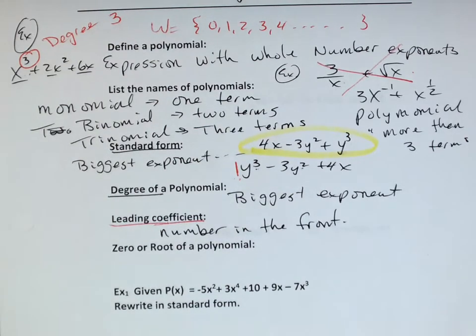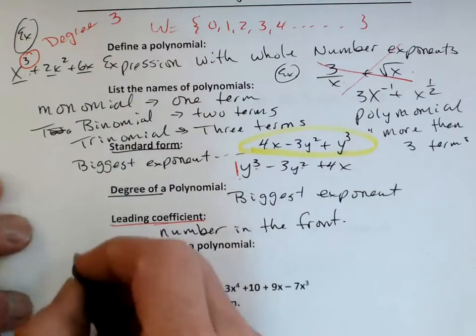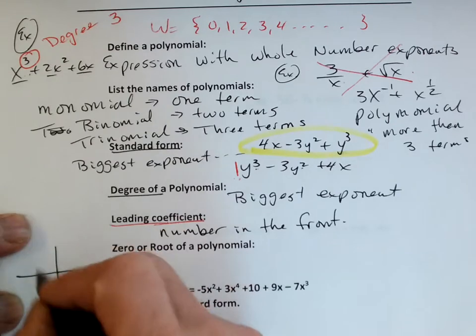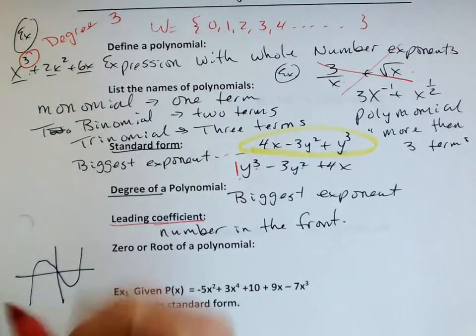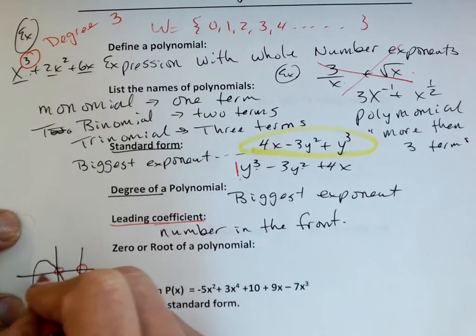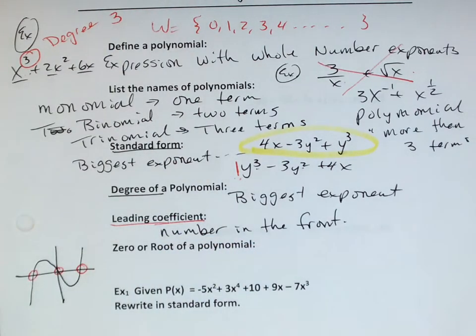Now the roots or zeros. Am I going too fast? Okay. The roots, or zeros, are really like x-intercepts, okay?